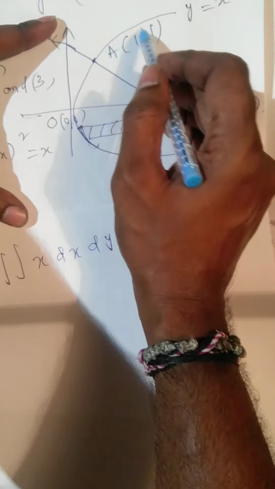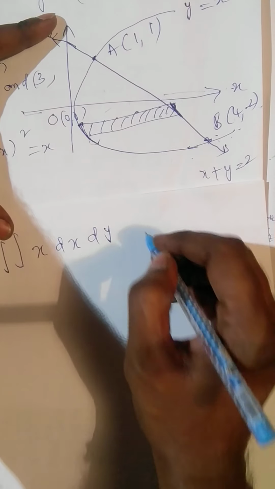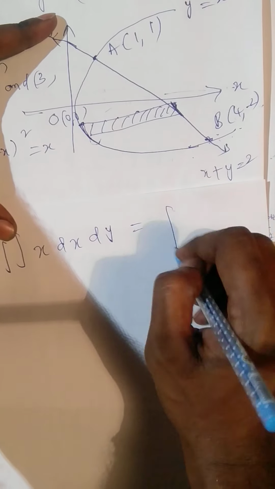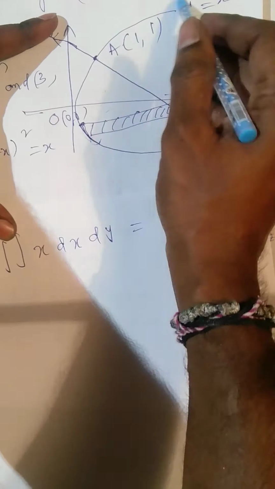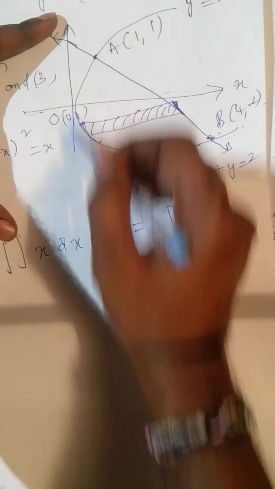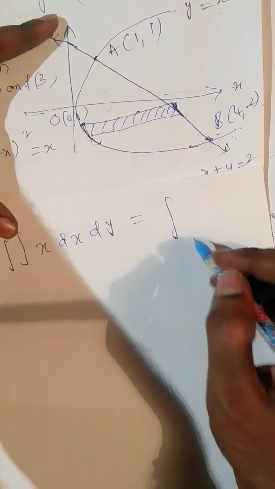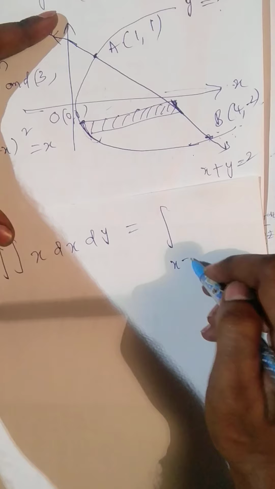Here the lower limit is on the parabola, x equals y square.